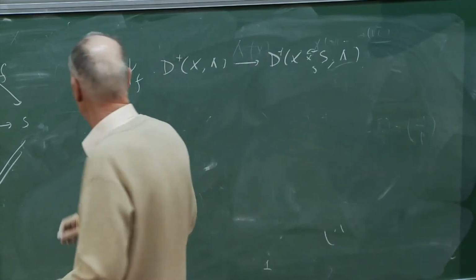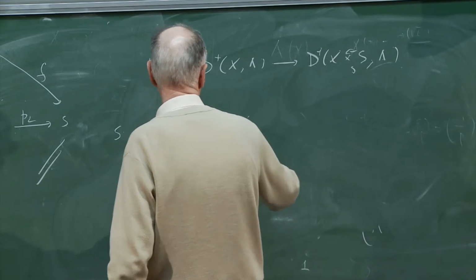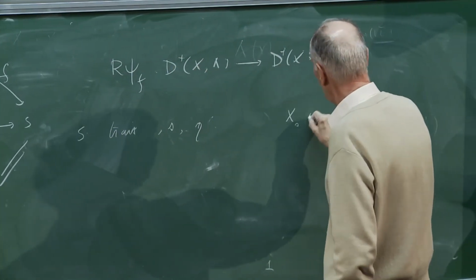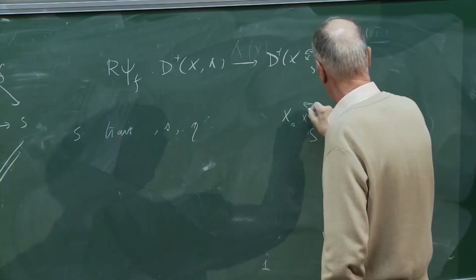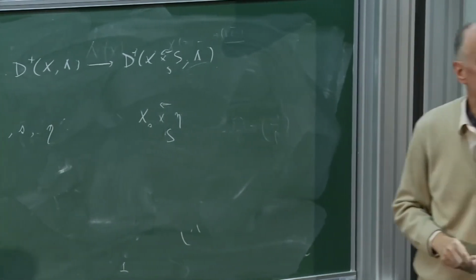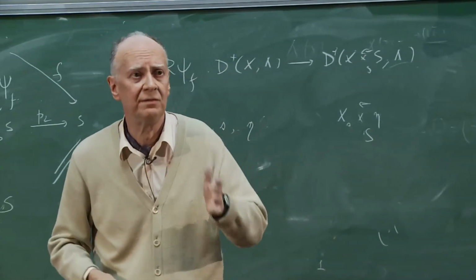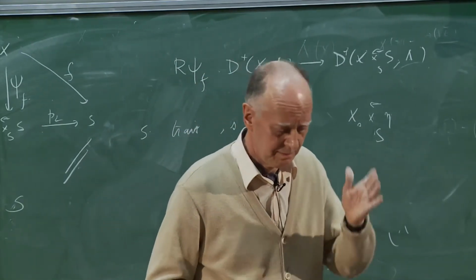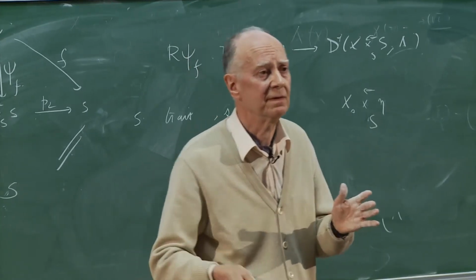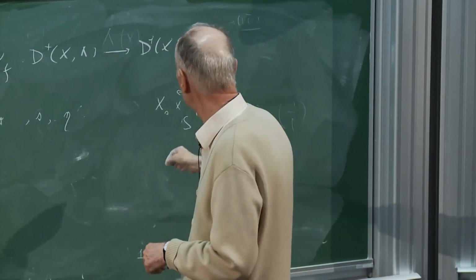In the case S is a trait with closed point S and eta, then this X_S cross S eta is the familiar topos in the SGA 7, consisting of sheaves on the special fiber together with an action of the Galois group of eta bar over eta compatible with this action on the X_S.